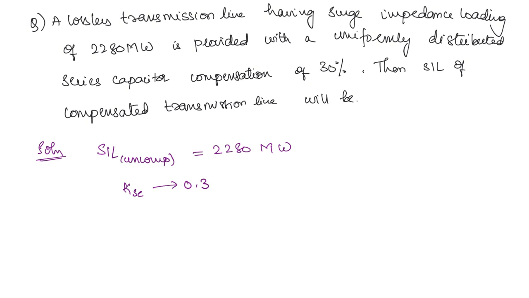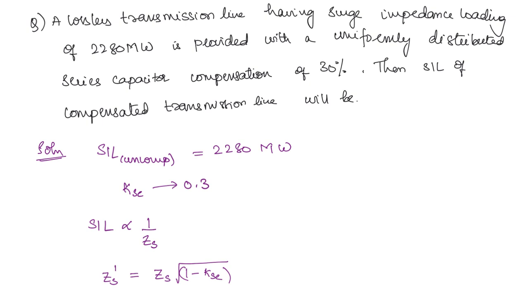Now we want the surge impedance loading of the compensated transmission line. Okay. So this surge impedance loading is going to depend inversely on the surge impedance, right? So we have to first find out how the surge impedance varies with the compensation. So we have discussed that Zs dash will be equal to Zs into root over 1 minus KSE for a series compensation. So if shunt compensation is given, then we have to include those terms as well.